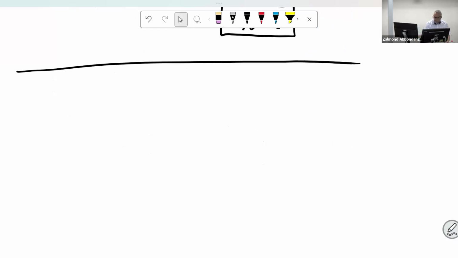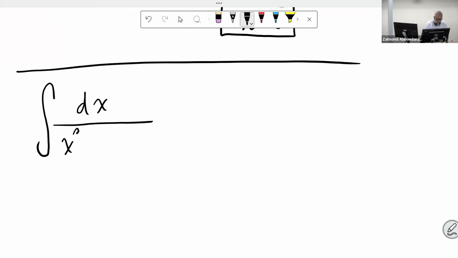Okay, so we have an integral. The integral is dx over x squared minus 4x plus 13. And again, with the final, you're not going to know that it's exam 5 material, therefore likely an inverse trig function.